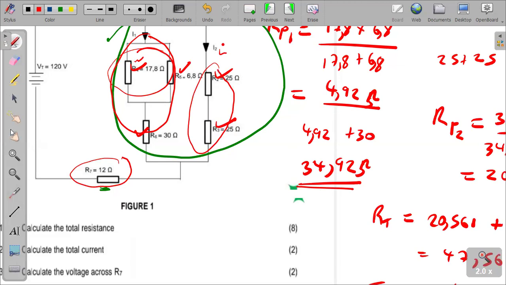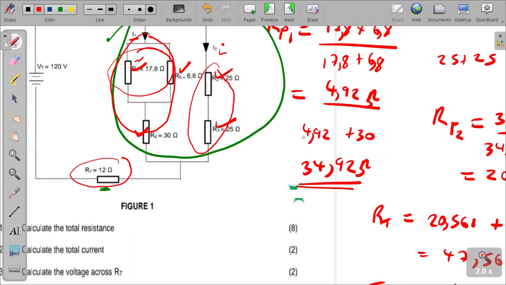Right, so using this formula, if we want I1, the current through this branch, it's going to be 50 divided by the sum of the two, 50 plus 34.92, multiplied by the total current from the supply, the 2.523 that we just calculated on top.